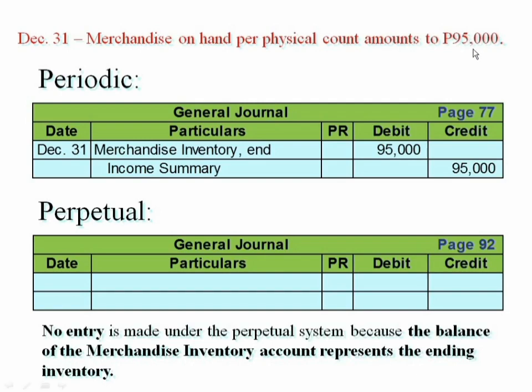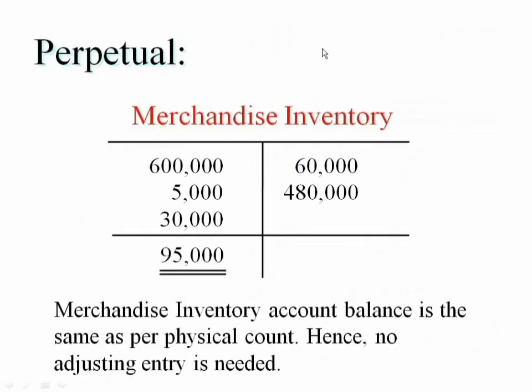Since this 95,000 pesos merchandise inventory per physical count is the same amount of inventories we would arrive at when we post all the recorded debits and credits to the merchandise inventory account. In other words, listen carefully please.